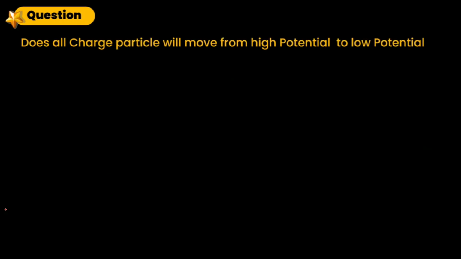Now just think and tell me about this particular problem. Do all charged particles move from high potential to low potential? High and low potential can be referred to as, if we're talking about a point which is supposed to be at high potential, you can simply consider it as something which is supposed to have higher electric field, whereas low potential is something which is supposed to have almost negative electric field because of negative charges sometimes.